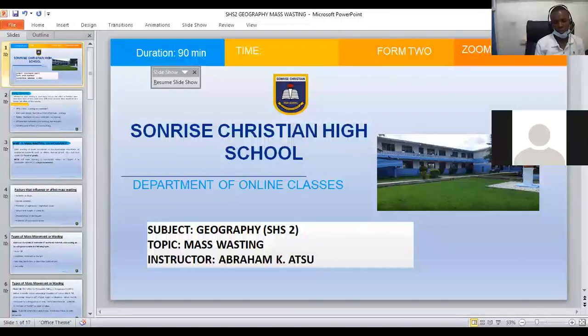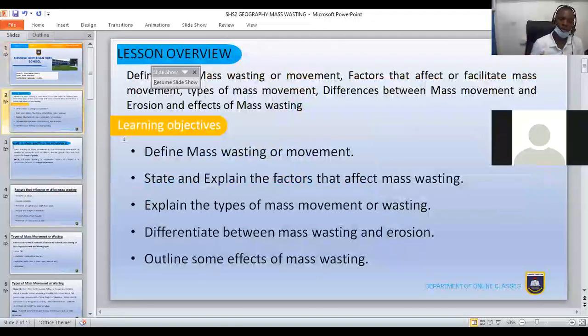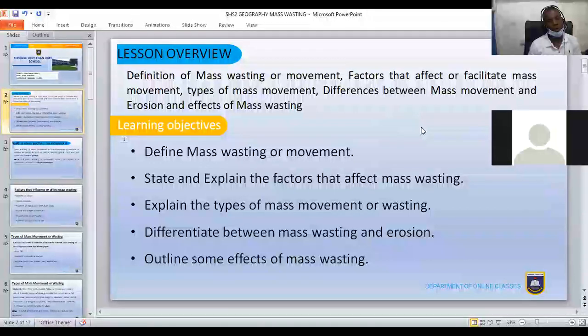Mass wasting. So let's look at the lesson overview. Now, what are we expecting? What are the issues we are hoping to look at once we delve into this lesson? First of all, we shall look at the definition of mass wasting or mass movement.